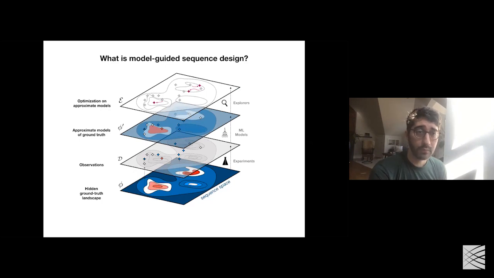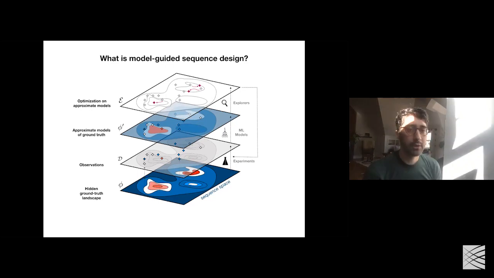And you want to basically explore this space, and that's why we call these explorers. You want to explore this space to produce high-performing sequences, and then you can do this cycle again. So you can propose new samples. Those samples will be experimentally measured, and then you update your model, and then you can do this again.